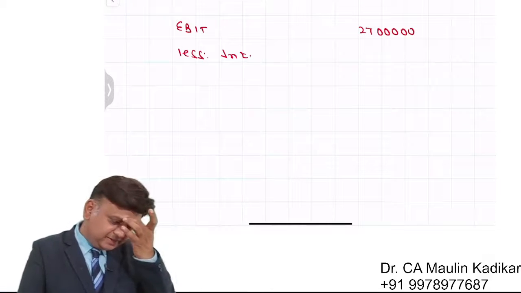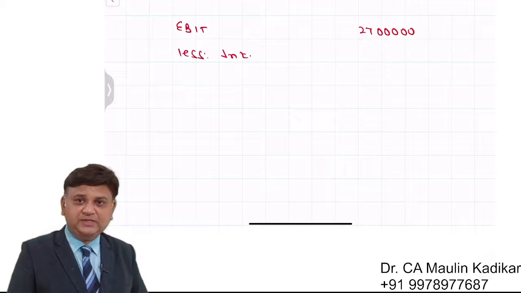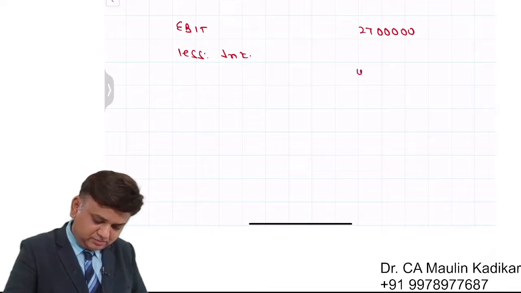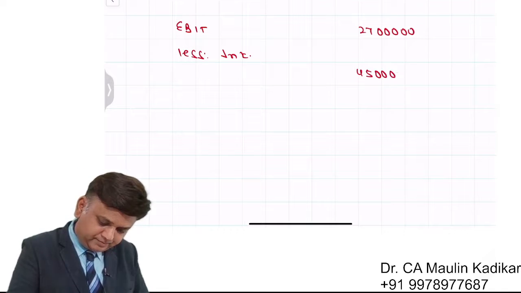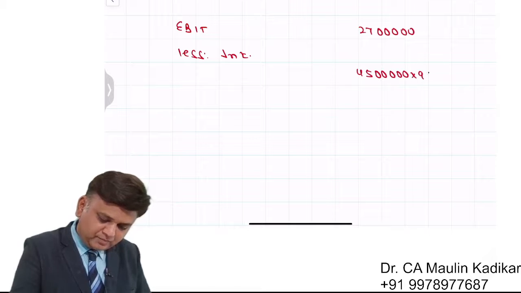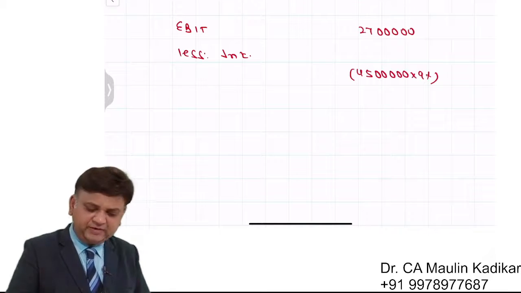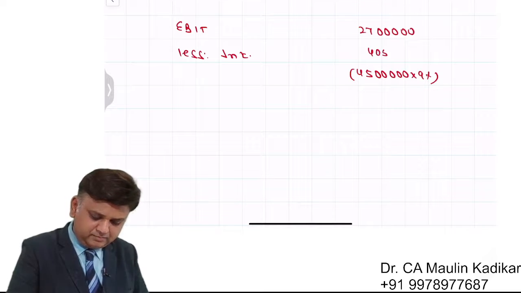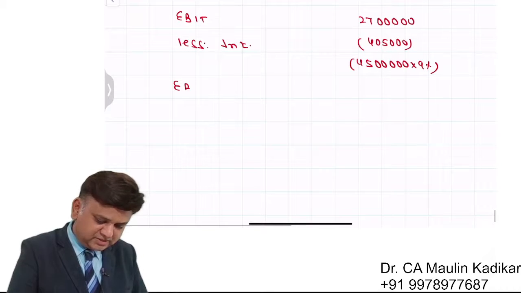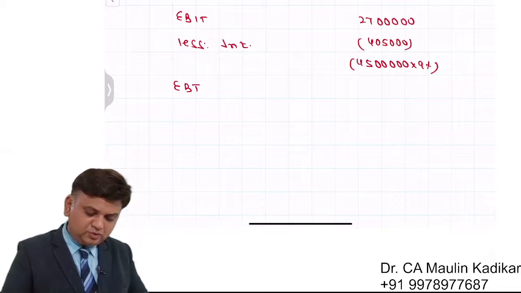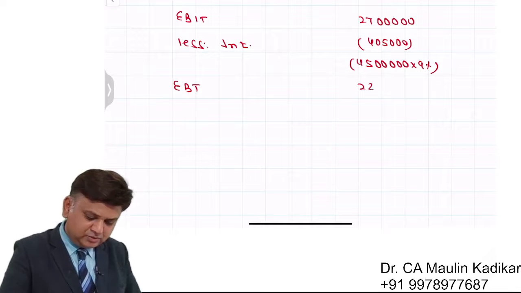There is a debt financing of 45 lakhs and the rate of interest is 9%. So it would be 4 lakh 5,000, I think. So earning before taxes comes to 22 lakh 95,000.